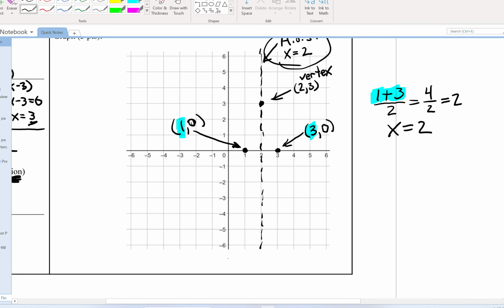This is negative 6, negative 7, negative 8, negative 9 would be down here. And it's 2 units from the axis of symmetry, so I go over 2 units on the other side, and there is some points there. So I can graph this by saying here this goes up here and through this point, and then down through that point, and then down through that point.